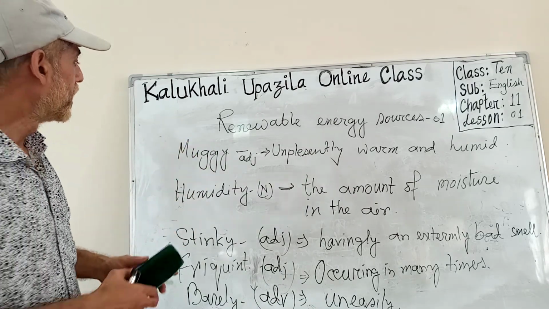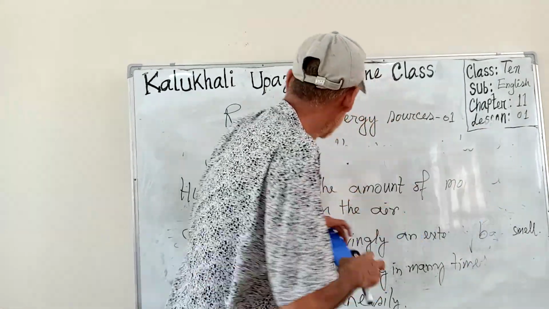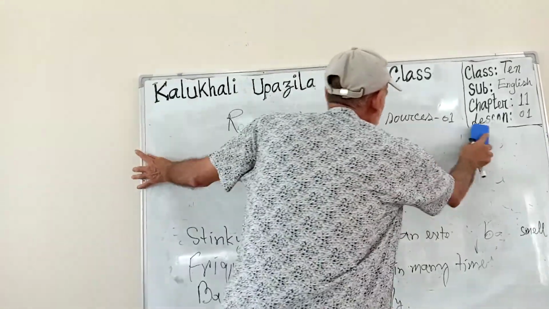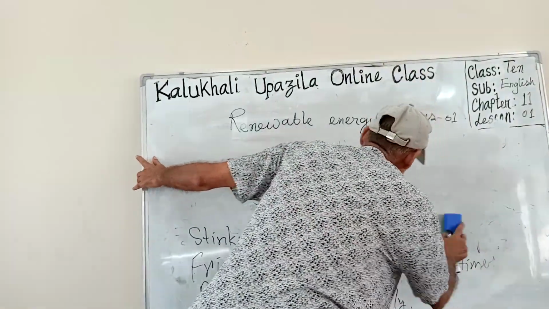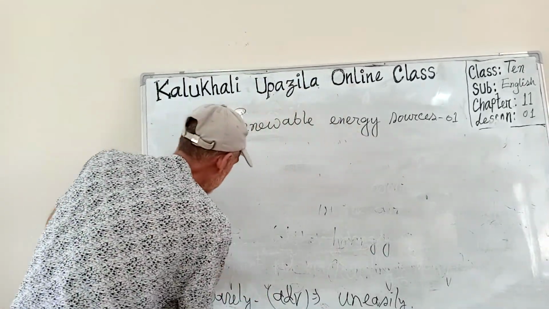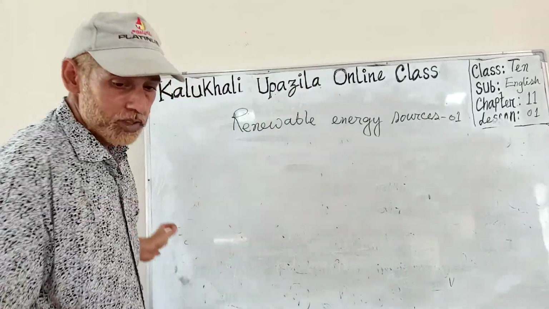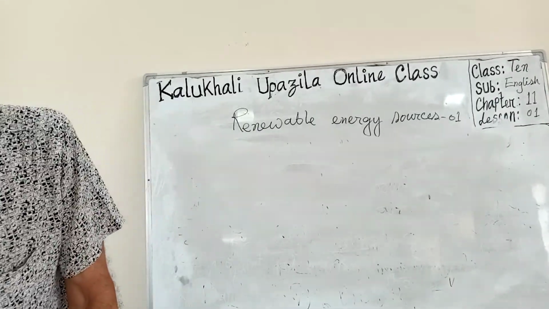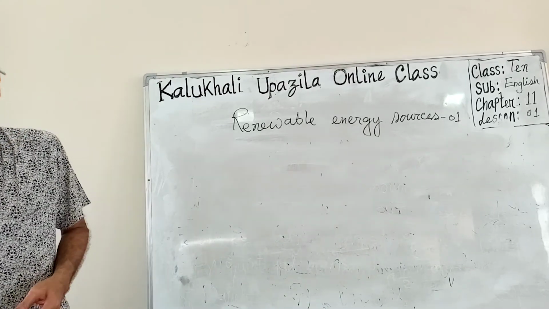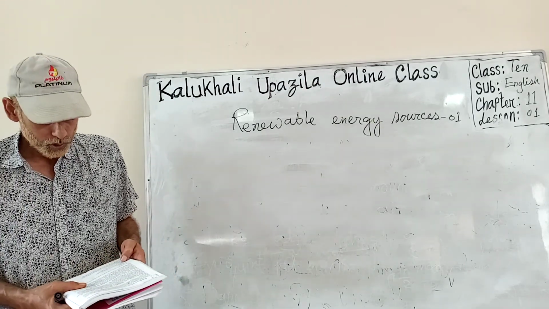Now I am going to ask you some questions. Dear students, on page 140, at the end of the page, there are 5 questions. The first one is, what happened to Sohan last night?